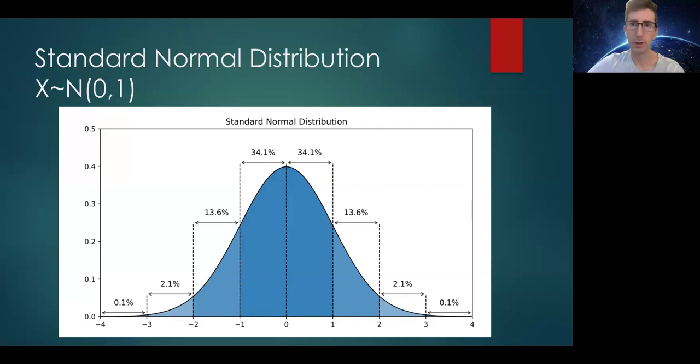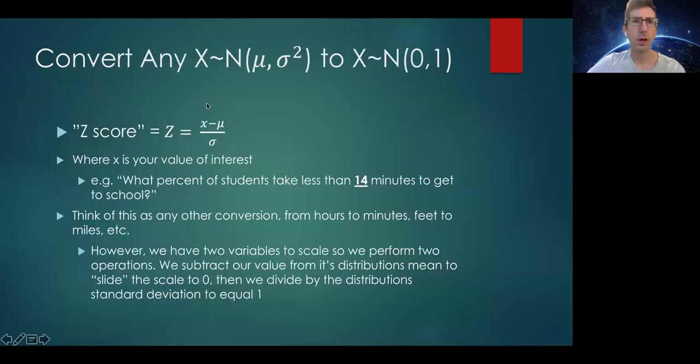All right, so the way we go from any normal distribution, with any mean, any variance, or standard deviation that we're given in any problem, to the standard normal distribution, always having a mean of 0 and a standard deviation of 1, we use something called the z-score.